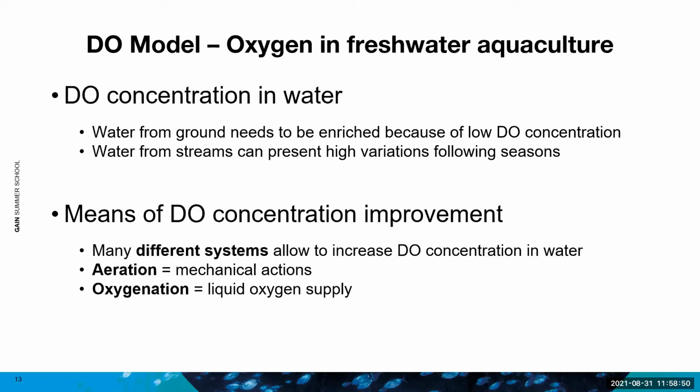On the other hand, water from the ground is quite stable in terms of temperature. So depending on what you want to do and what's available where you're working, you have to face these challenges.